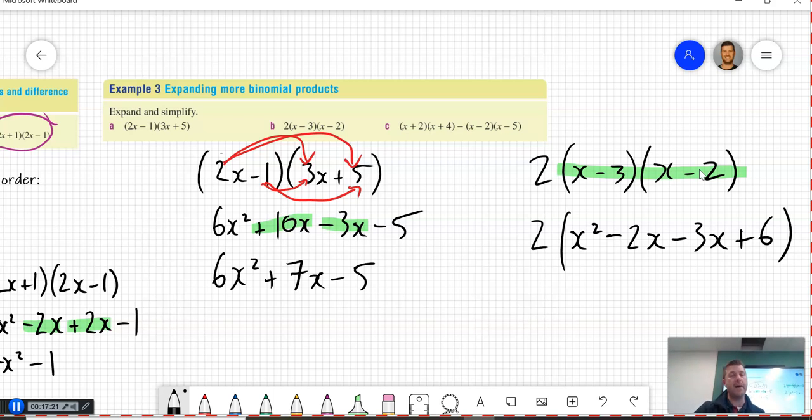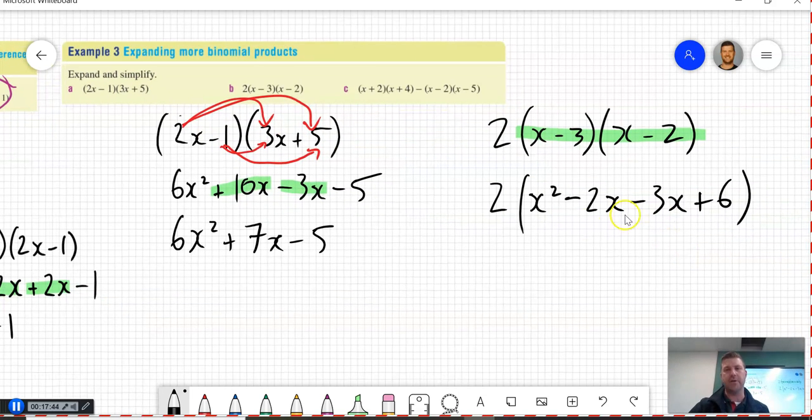Once I'm at that point, I can choose to do 2 things. I can multiply the term in front of the bracket by each term inside the bracket, or I can collect those like terms first and then use the distributive law.